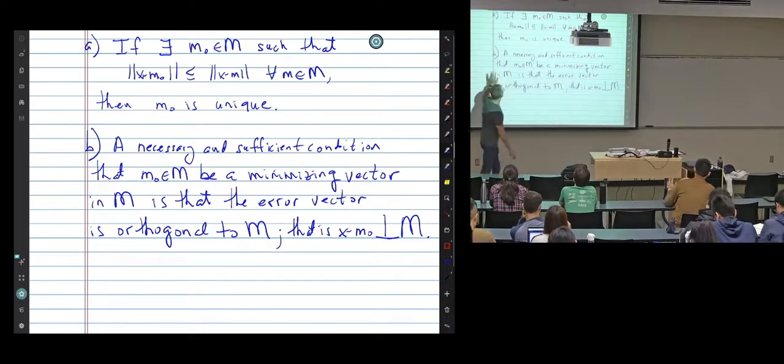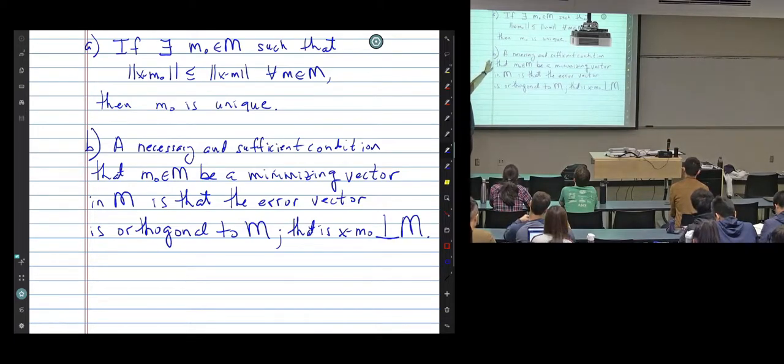This pre-projection theorem is the mathematics that says that picture holds in general inner product spaces. So that's huge. We will be able to show in all finite dimensional vector spaces that that M0 exists.